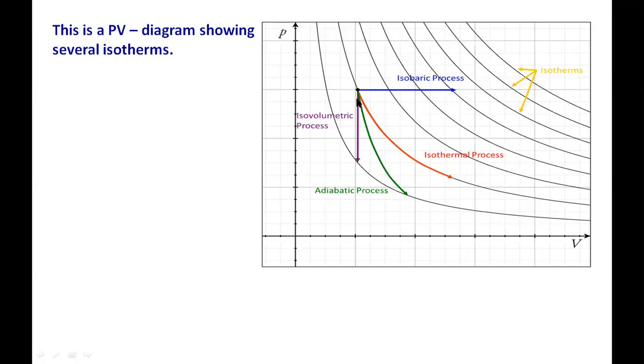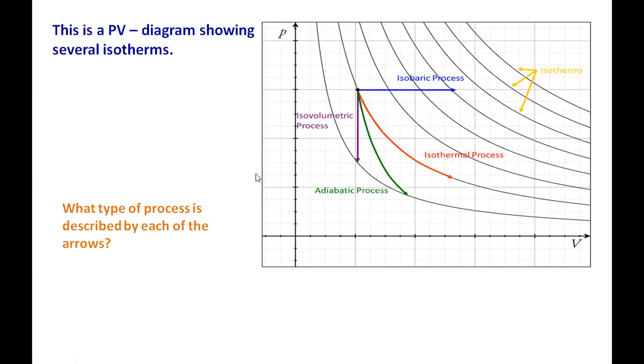And the pressure goes slowly down; this is an adiabatic process. The red one is an isothermal process, and this one is called an isotherm.